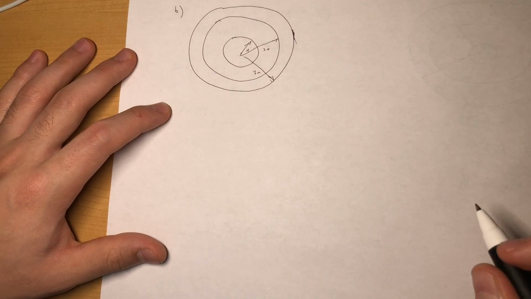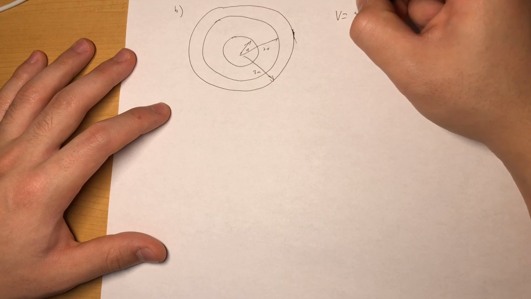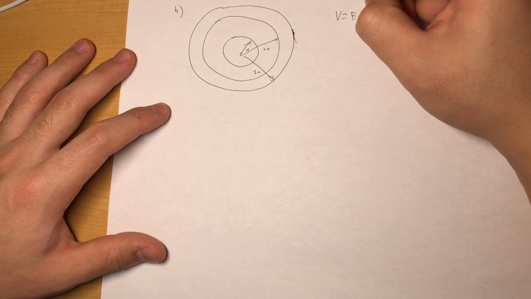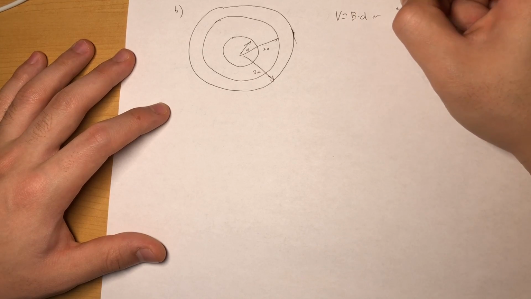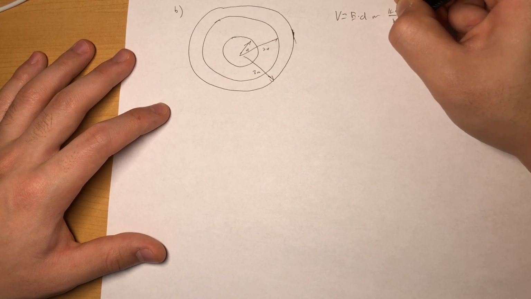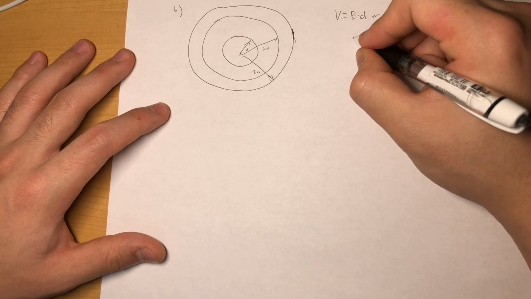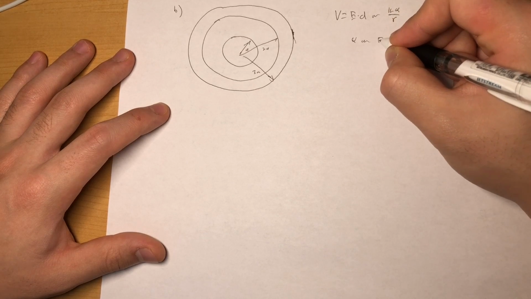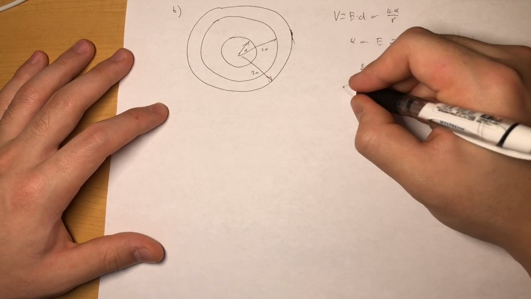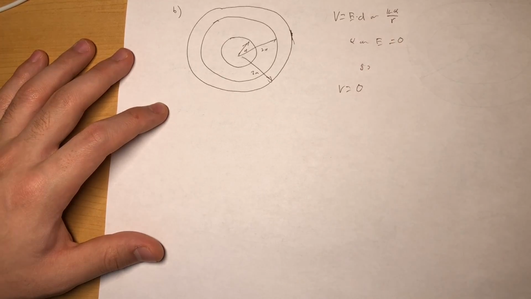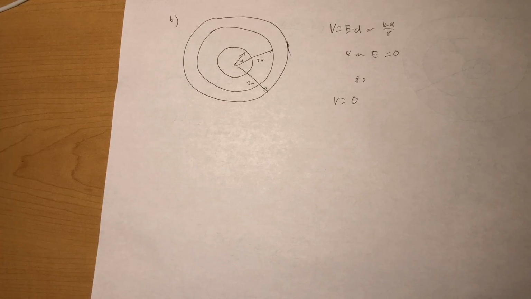So the electric potential here will be equal to E times D, or KQ over R. Either way, in this case, the electric field is equal to 0. So V will equal 0. There will be no electric potential at this point.